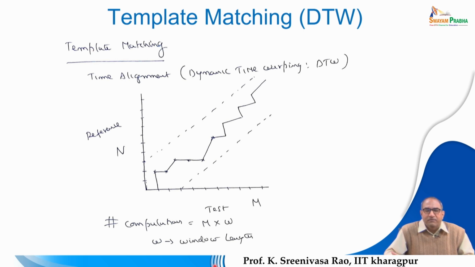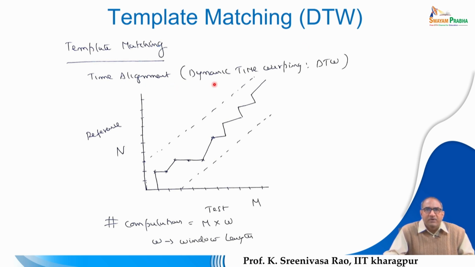The reference template may have 20 feature vectors, but the new test word may contain 22 vectors or 17 vectors, because speech has inherent variability. So we cannot expect the duration of the word to be exactly the same as the reference template. How do we do the time alignment? We can carry it out using a technique known as dynamic time warping.